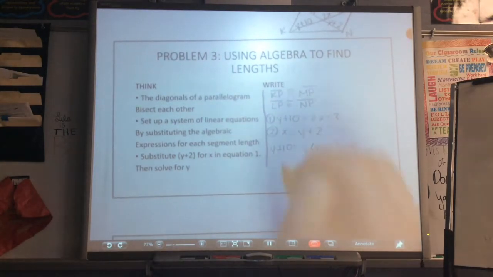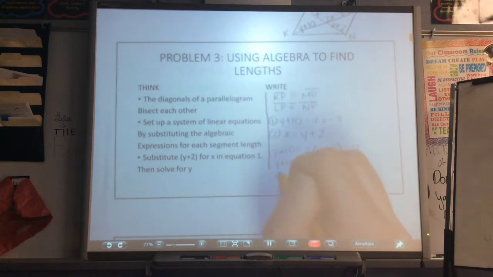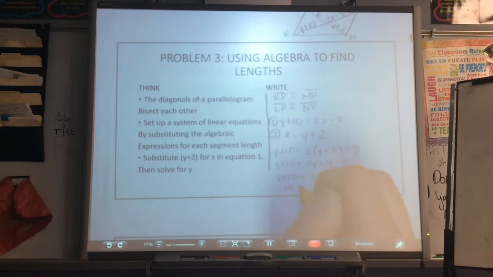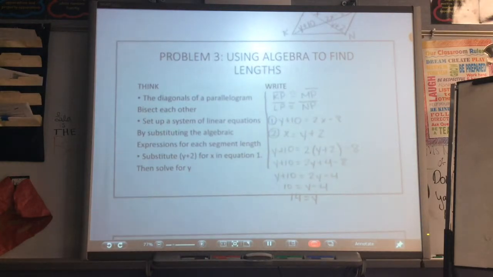And then we're going to solve. So we get 14 equals y.